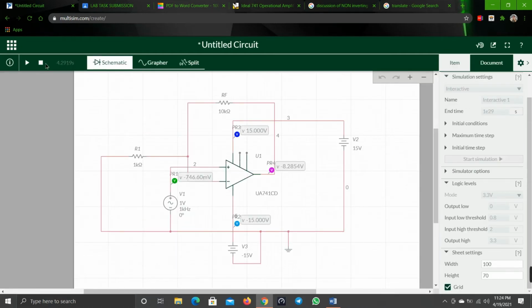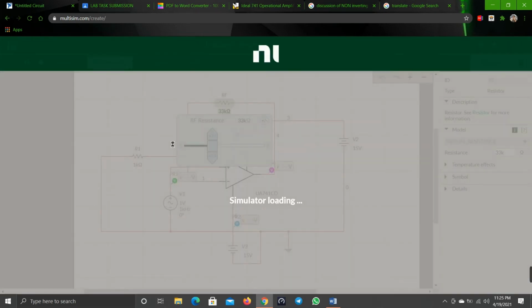Stop it first and change it to 3.3. Okay, so we run it to get the next step. This is my circuit, run it. It doesn't have an error. So we go through to the graph.